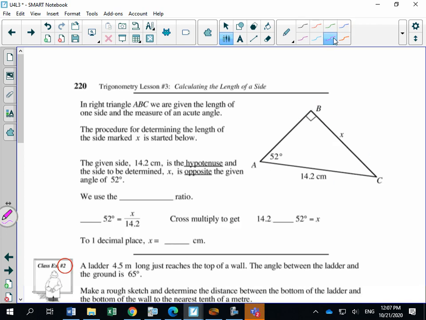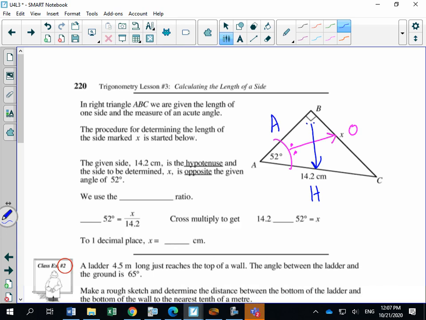That's my given angle. 52 degrees stares at the opposite side. So they want X to be my opposite side. Then I go to my hypotenuse, or sorry, the 90 degrees stares at the hypotenuse. By default, this would be the adjacent.